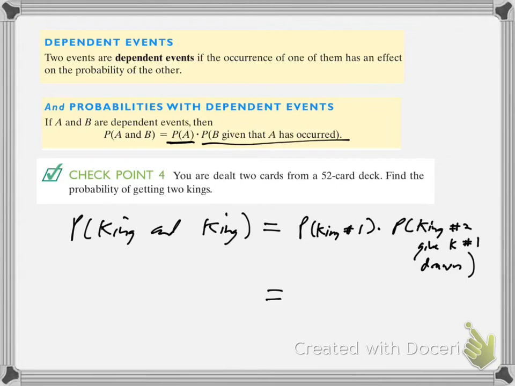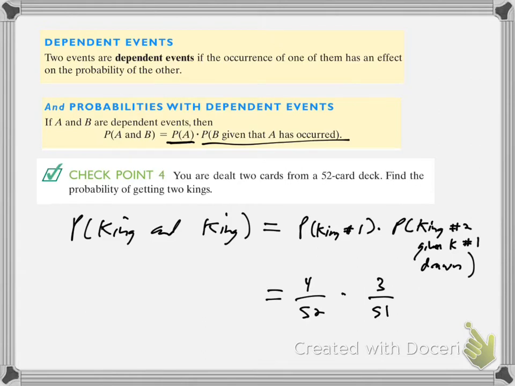Probability of drawing king 1 is 4 out of 52. We already talked about that. Times, now that there's only 51 cards in the deck and there's only 3 kings, that would be the probability of king number 2, given that king number 1 has already been drawn.